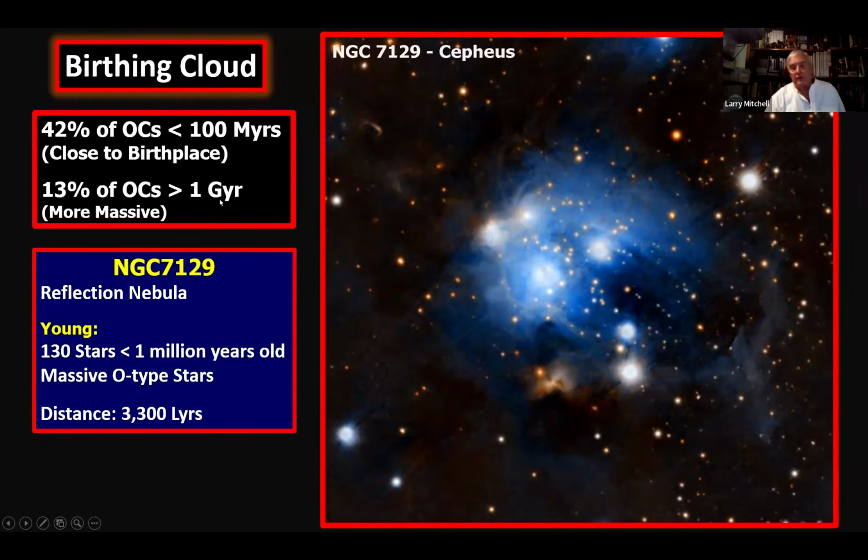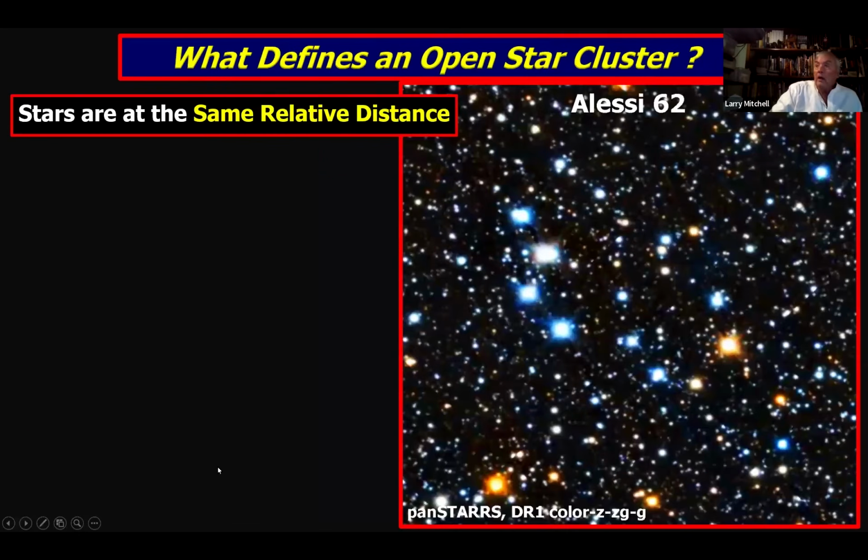These are the more massive clusters that have been able to hold on to their members because of the sheer number of stars and the gravitational attraction that they impart. But it's nice to be able to see the star clusters that are still in their birthing nebula.